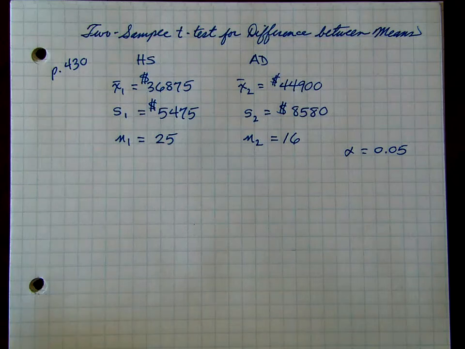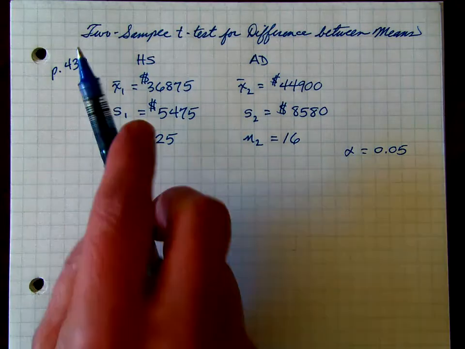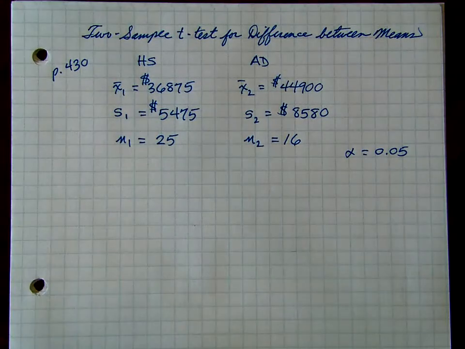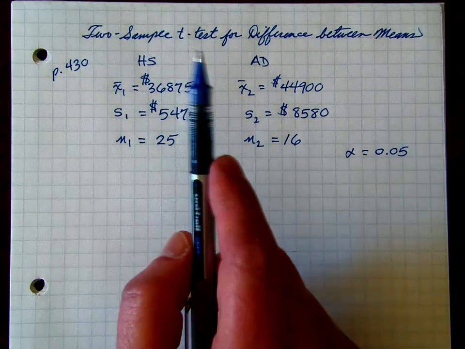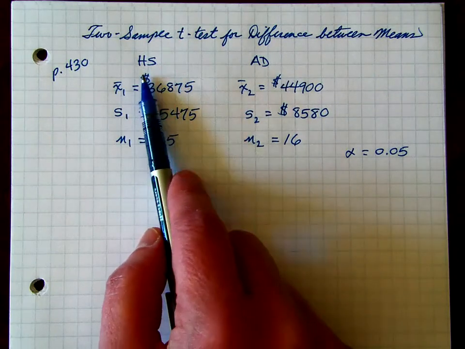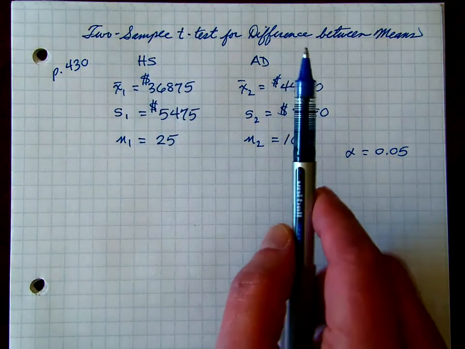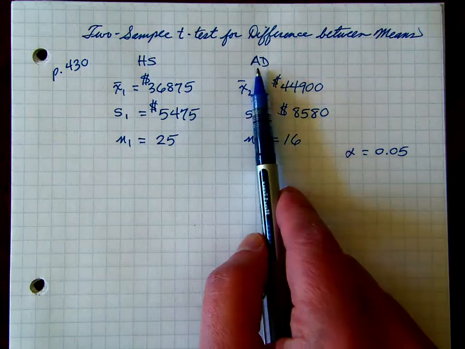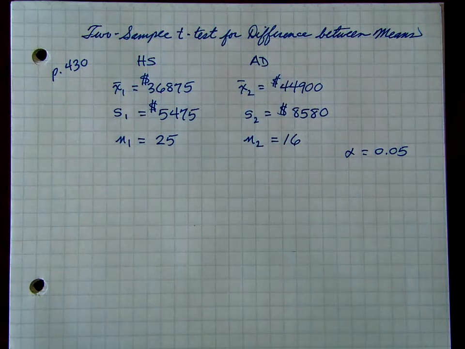These are two sample t-tests for differences between means, and in particular the first try-it-yourself problem, which is on page 430, is a comparison of the earnings between high school diploma earning students and associate degree earning students. Let me read it.